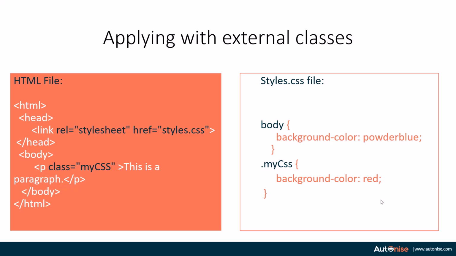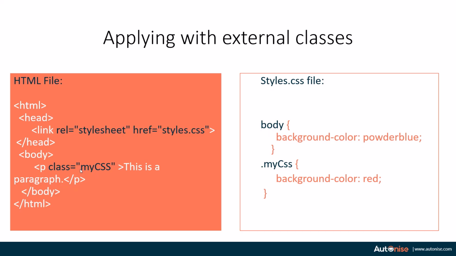Once we have defined this class, we can use this class in different elements. To use this class, you need to use the class attribute. So over here, you can see that we have the p tag. Inside the p tag, we use the class attribute inside which we put the class name.